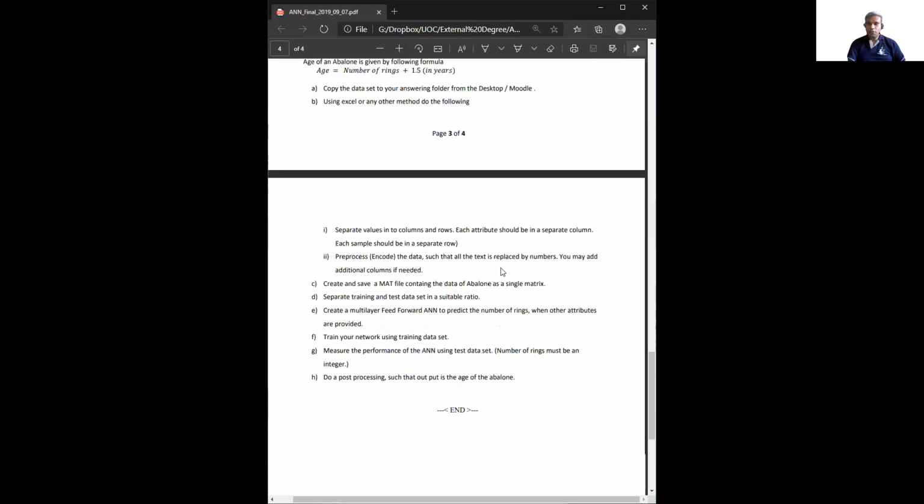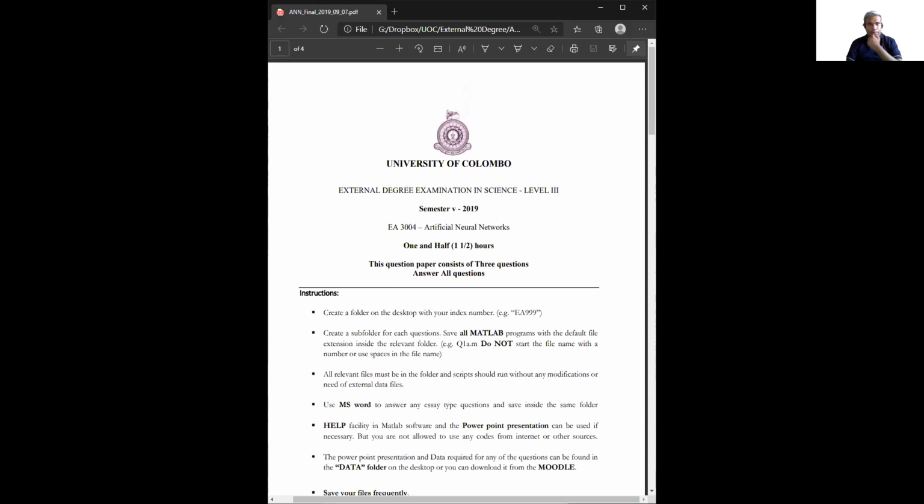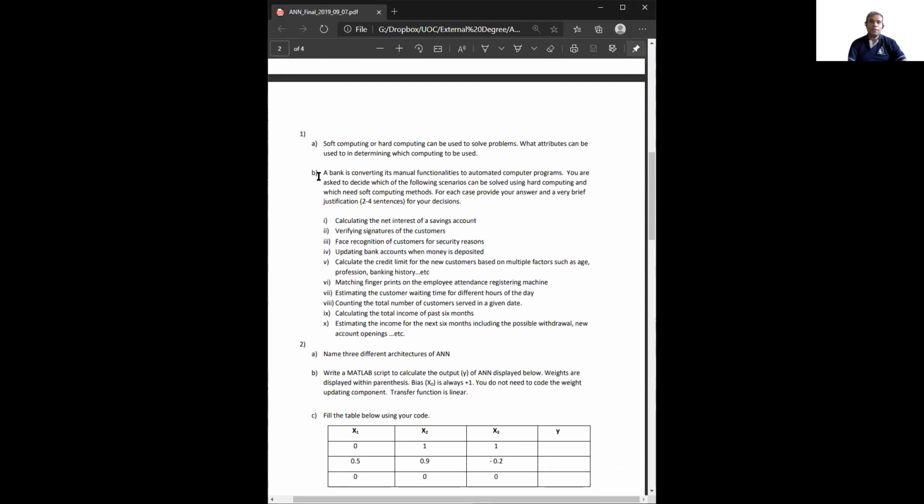If it is clear, that is good, because that's all you have in last year's paper. I think last year's paper was a little bit too easy. You better take the standard difficulty as the year before that. Last year's one, I feel like it's a little bit easy, especially the first question.